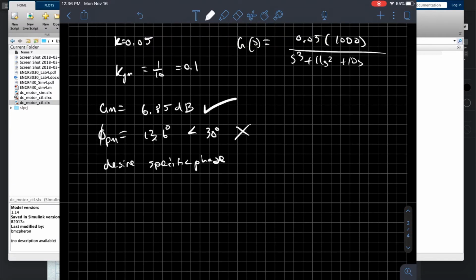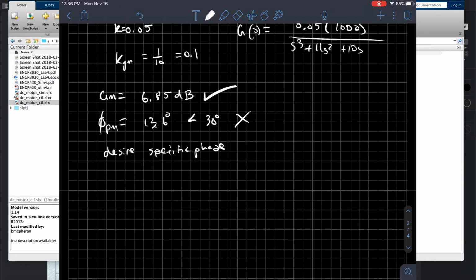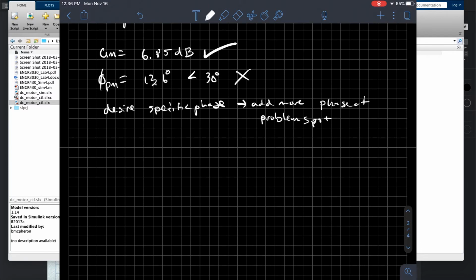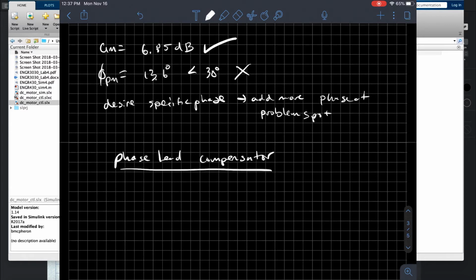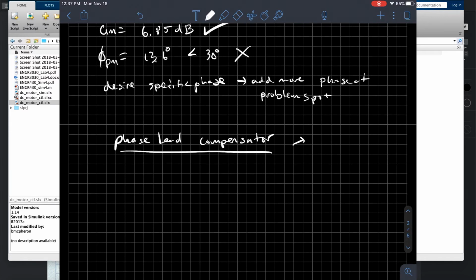If I desire a specific phase, what I could do is attempt to add more phase specifically at that point. If we add more phase at that problem spot, we actually get what's called a phase lead compensator. A phase lead compensator means that it's going to give us an increase in phase. That's what the lead part means.